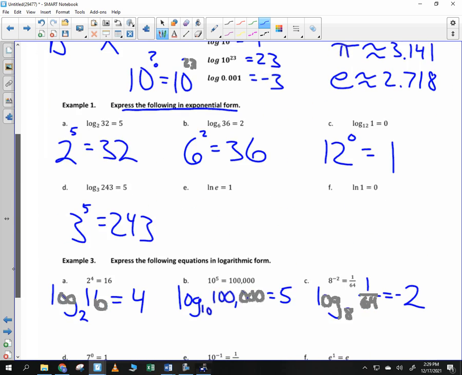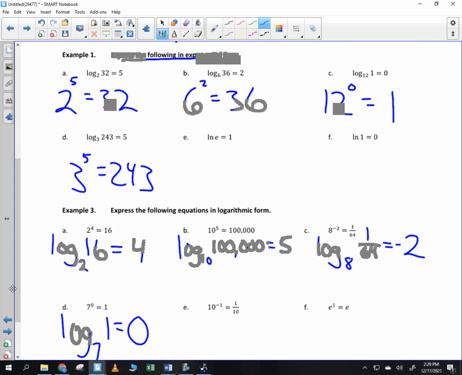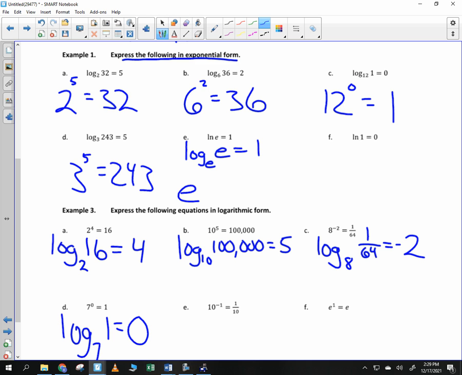So let's go to this part right here. You see natural log of e is equal to 1. I won't write this every time, but that means log base e of e is equal to 1. So if you wanted to write that in exponential form, what's the base? E. What's the exponent? 1 is equal to e.